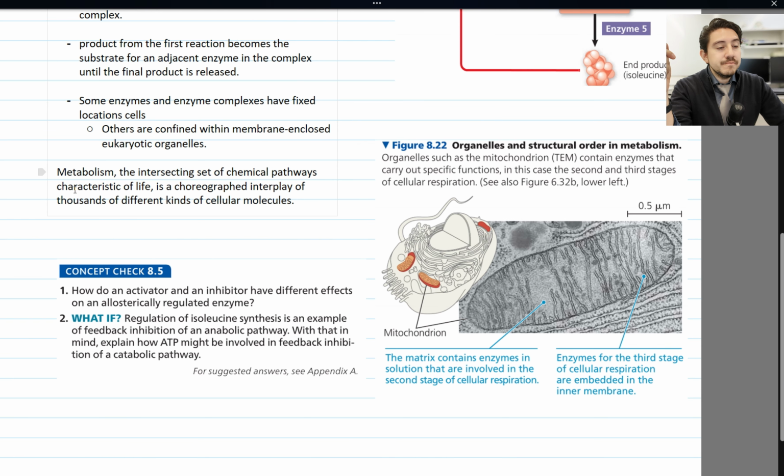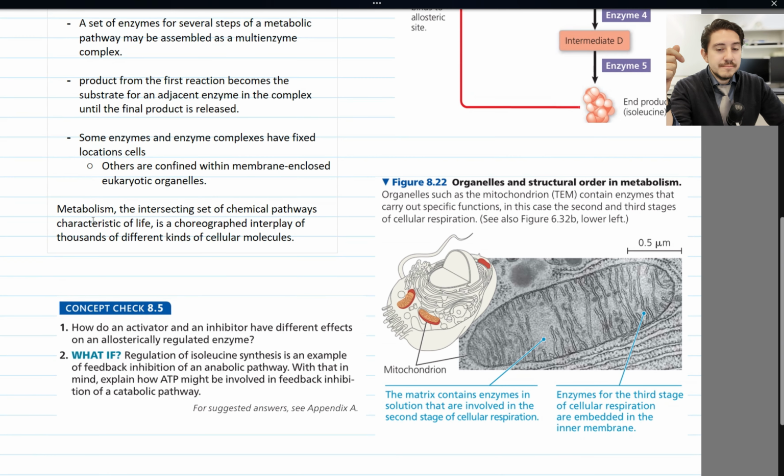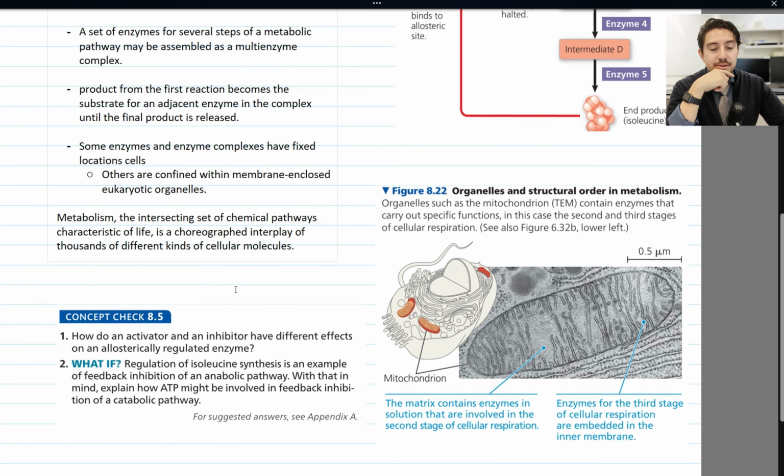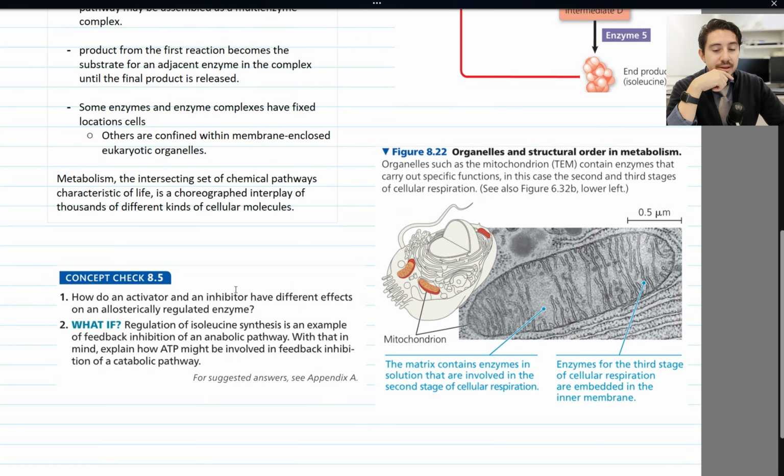So you have a lot of synchrony amongst metabolic reactions, even amongst different organelles communicating with each other. Metabolism is an intersecting set of chemical pathways, a very critical characteristic of life. They even mention a choreographed interplay of thousands of different kinds of cellular molecules.